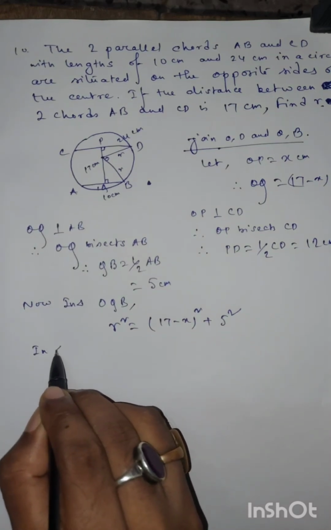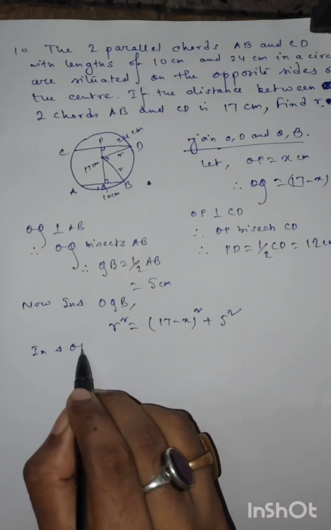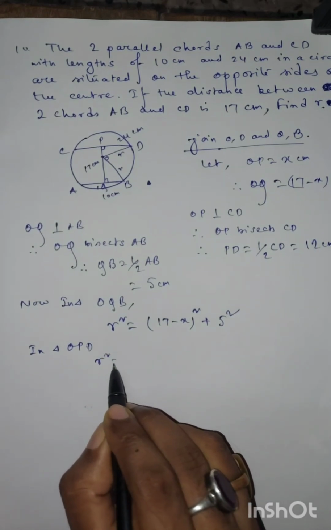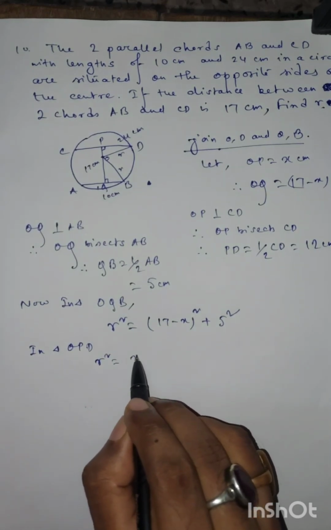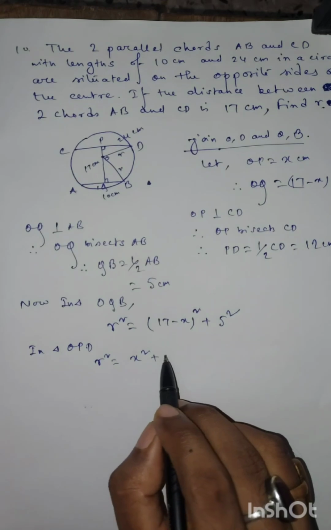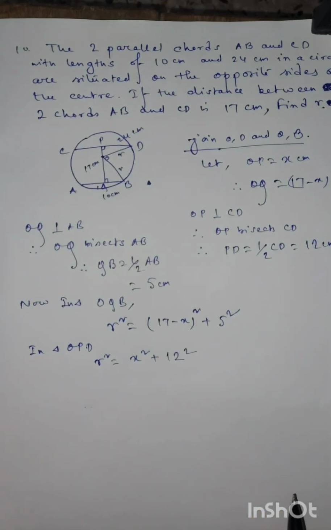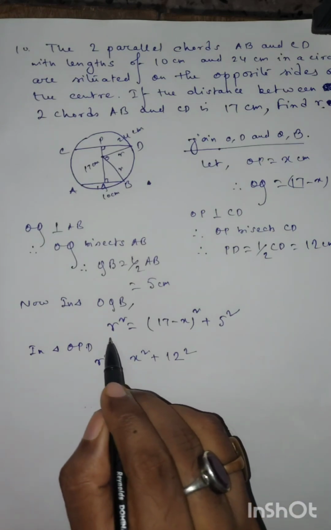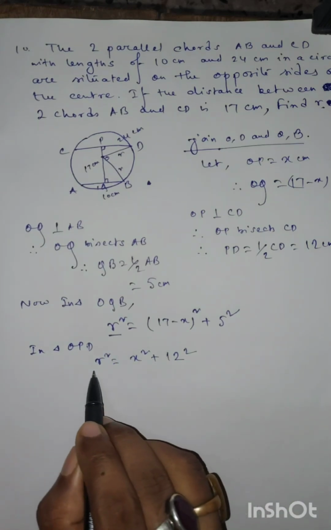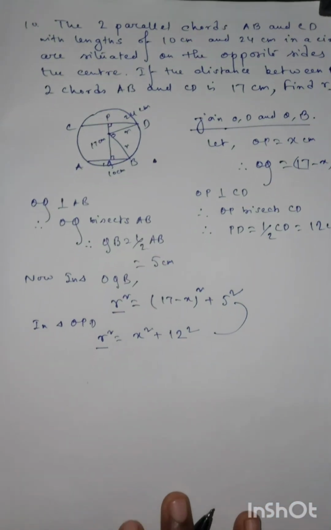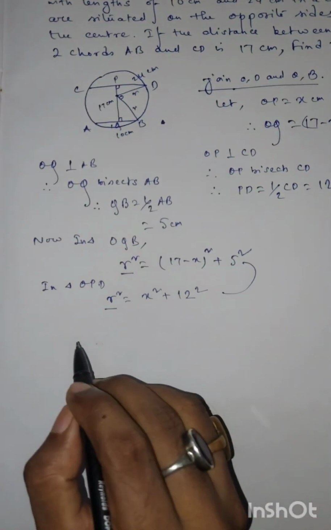In triangle OPD, hypotenuse square equals perpendicular square plus base square. So this is the value of r square and this is also the value of r square. So we can equate these two things and solve for x.